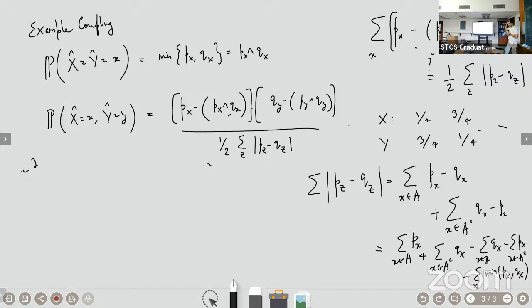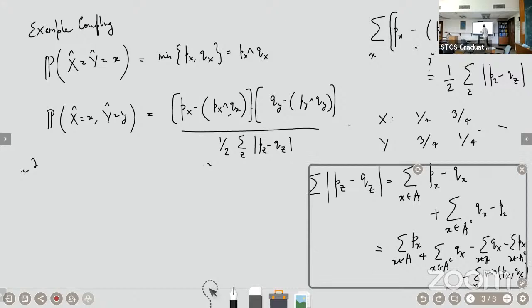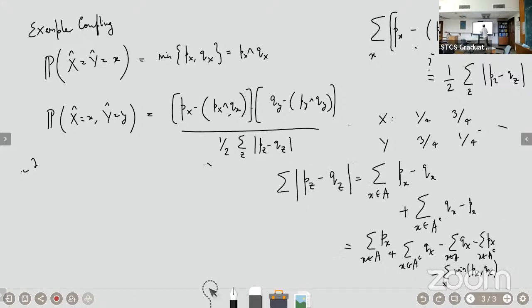Am I done? I want to move all of this up to the left. You think that is possible? Let's see. Very good.